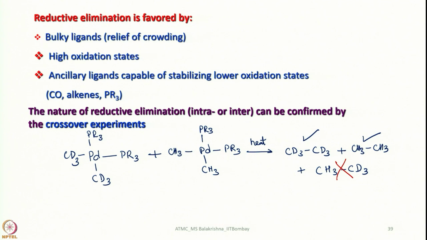If this is missing, it means the reductive elimination has proceeded via an intramolecular process, not intermolecular. If it were intermolecular, then they would have very nicely combined. So, that product is not obtained. This is called a crossover experiment. In many other reactions also, one can think of this kind of experiment to consolidate our claim about the type of product formed in a particular reaction.